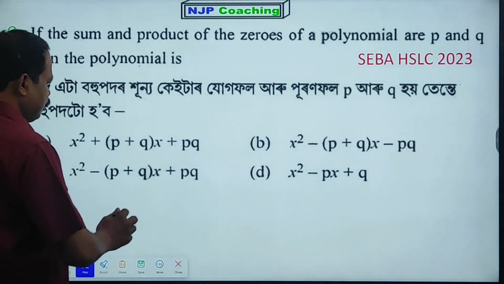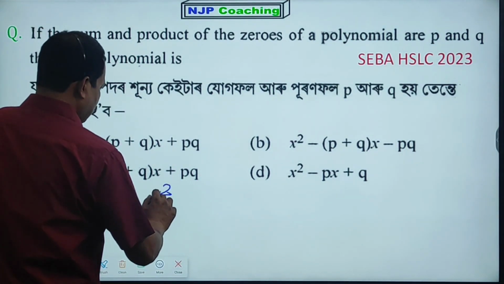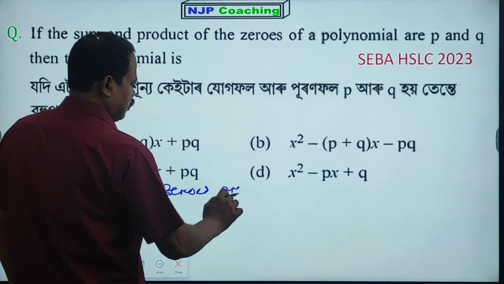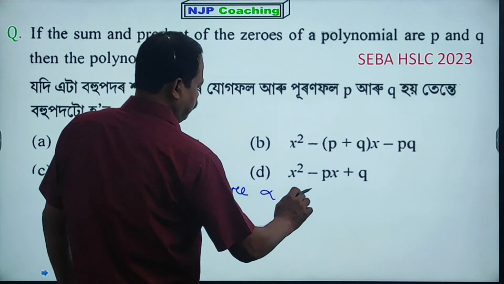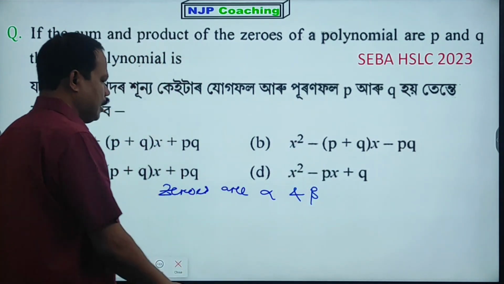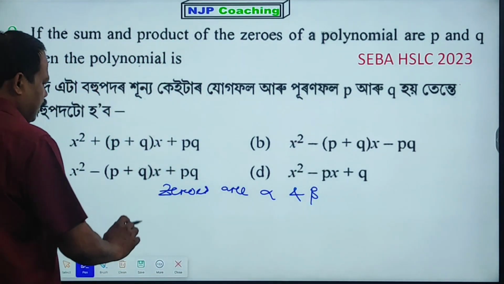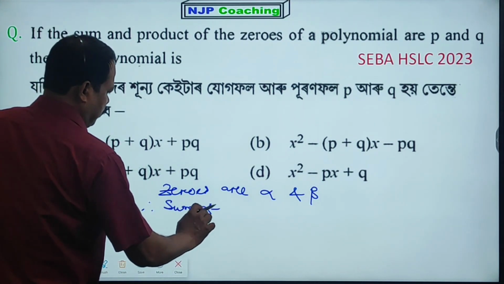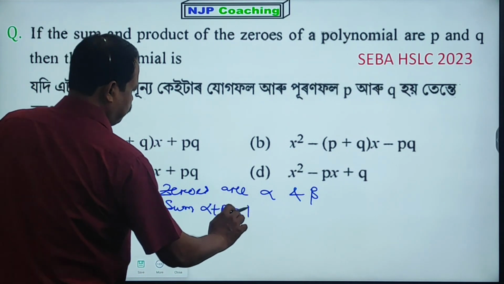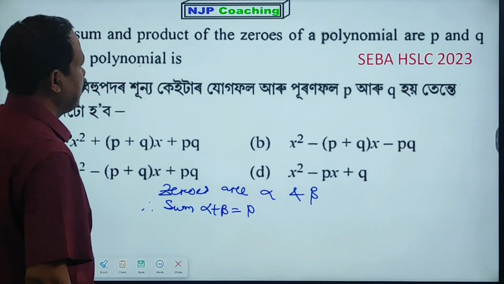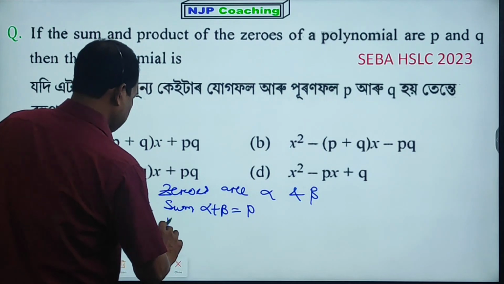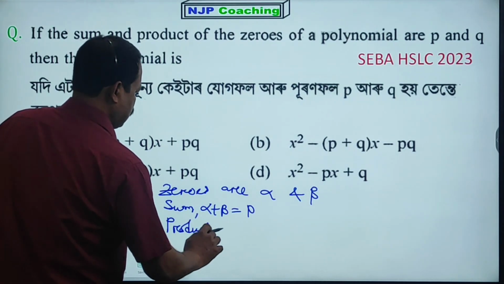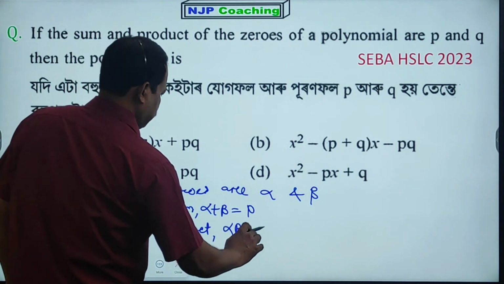Suppose zeros are alpha and beta. So sum, alpha plus beta, it is given p. And product of the zeros, alpha beta, it is given q.